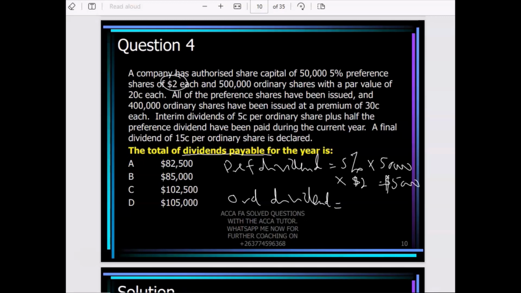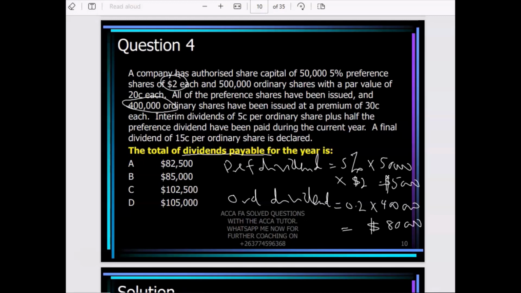So that's 20 cents, or 0.2, multiplied by the number of shares, which was 400,000, and we get 80,000.